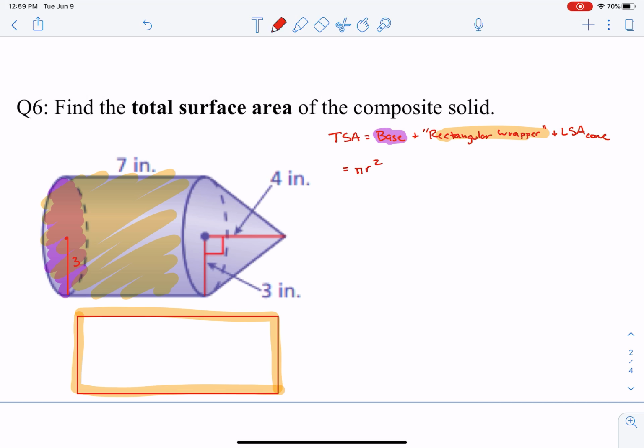And the height of that, we're going to say, is 7 inches. But what is the width? Well, the width would be the circumference of the circle it's going around. Circumference is 2 pi r. So this circumference is 6 pi. 6 pi times 7 gives us 42 pi as our area inside the rectangular wrapper.